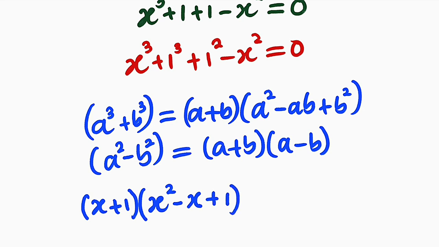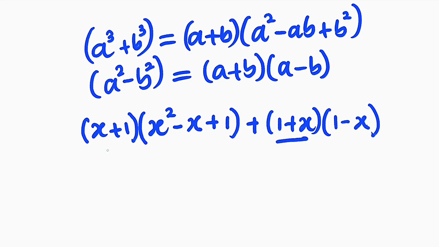We have just factorized this. Then plus, coming to the difference of two squares, we have a plus b, that is 1 plus x, then multiplied by 1 minus x.